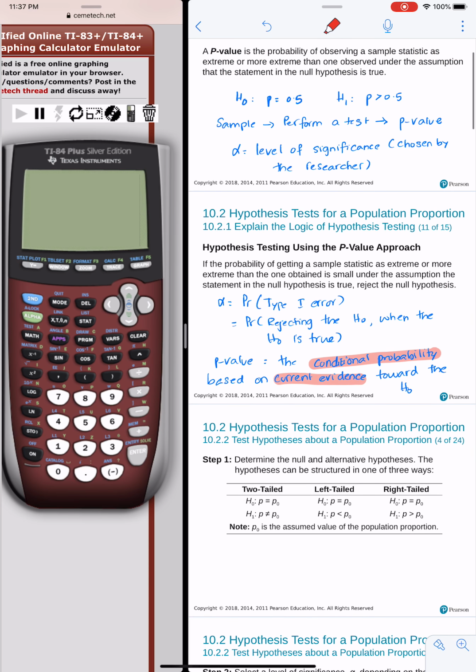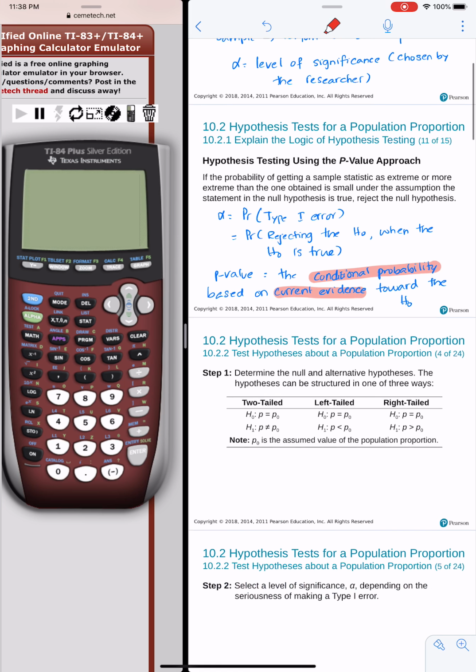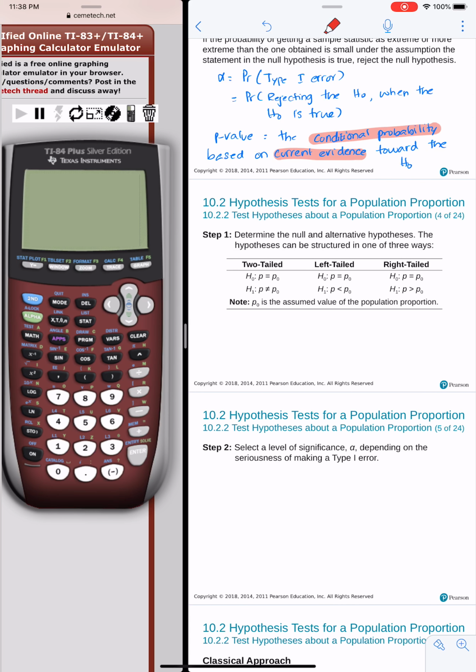In other words, going back to our example where we had p equals 0.5 against p greater than 0.5, suppose the p-value is 0.001. So this is the conditional probability based on the data that we collected under the null.